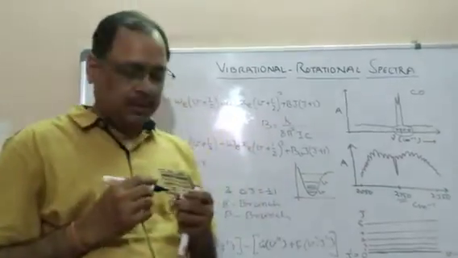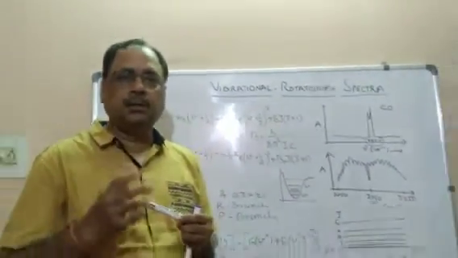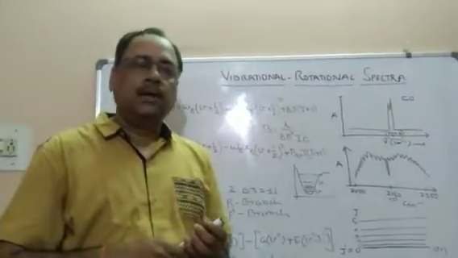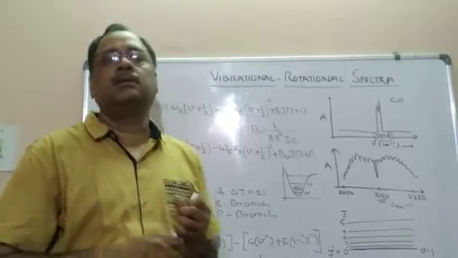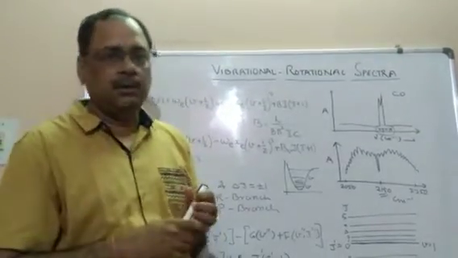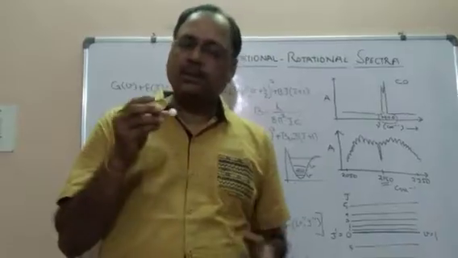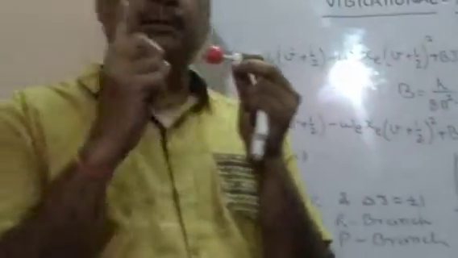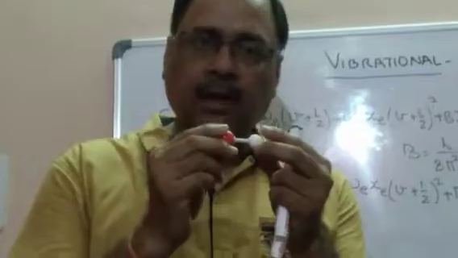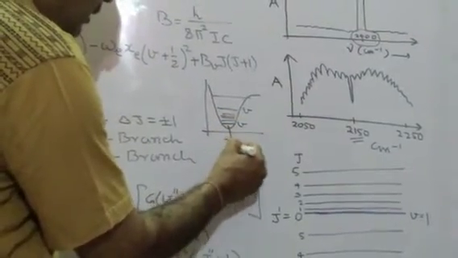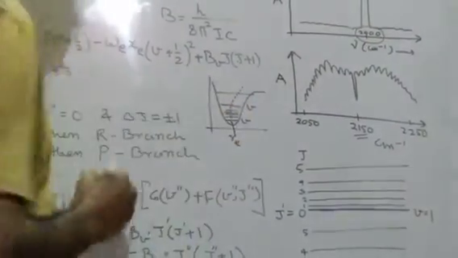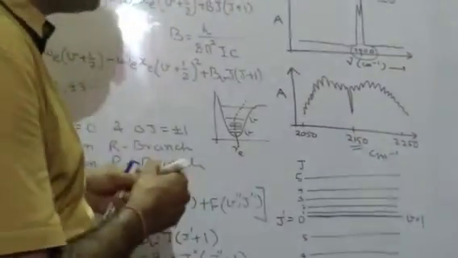If you remember, in my previous video, the introduction of molecular structure, I told you that it is composed of electronic levels, each vibrational level consists of rotational levels. So suppose we have a diatomic molecule that is now vibrating and also rotating, then the internuclear separation Re will increase.